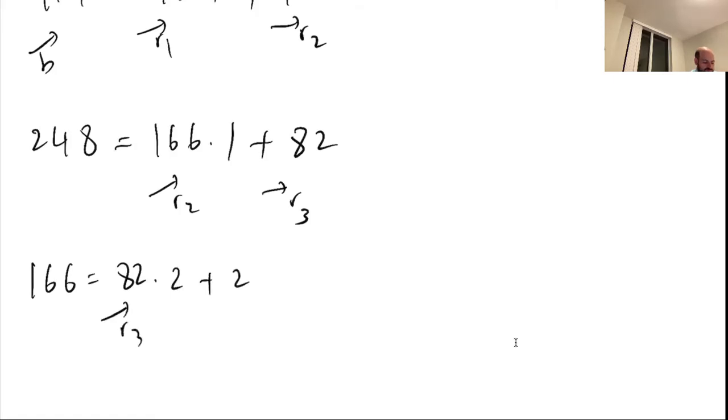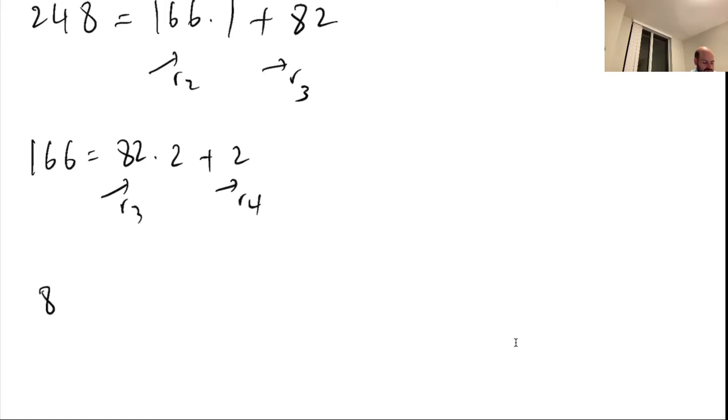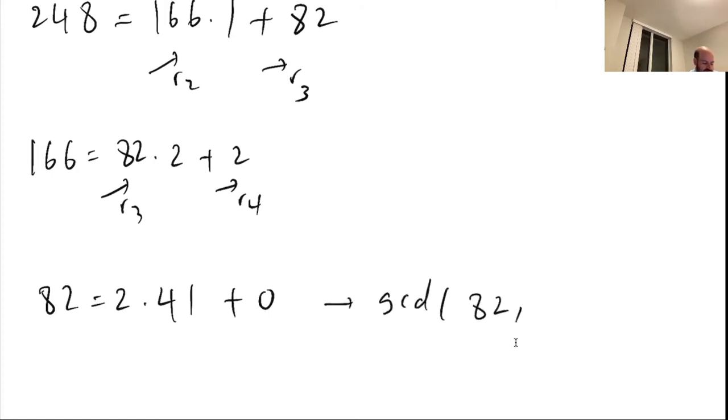So this is R3, this is R4. Now R3 by R4, 82 is 2 times 41 plus 0. Once the remainder becomes 0, then the algorithm finishes. So that means GCD of 82 and 2, right?